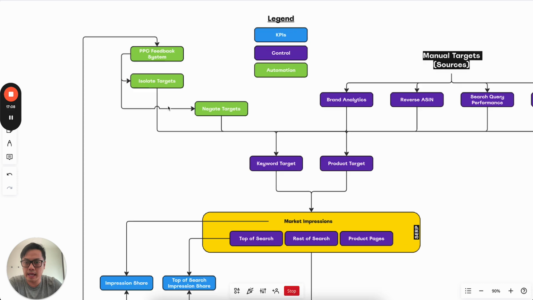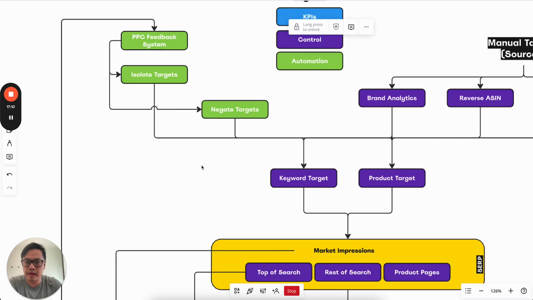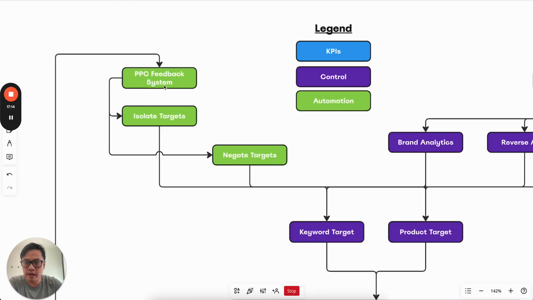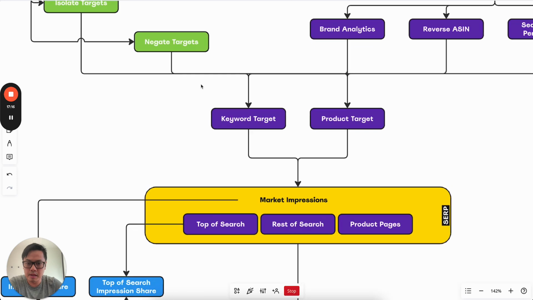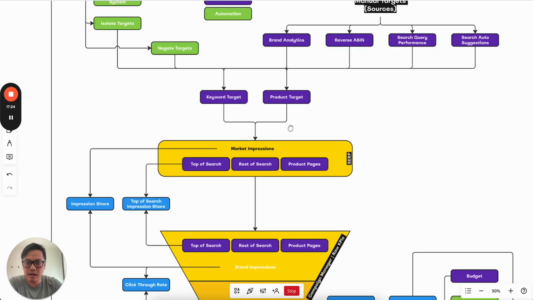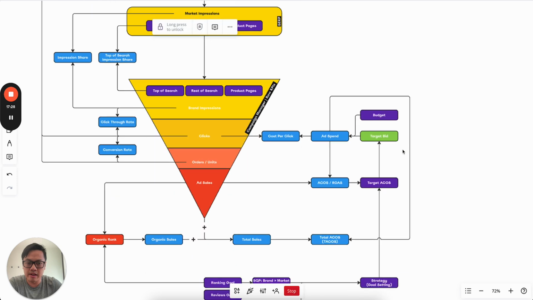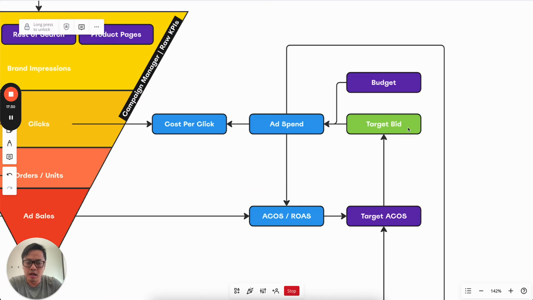But they also act as gathering all this data down here through your research. They will come back through the system and add them to your campaigns or ad groups at the keyword or product targeting level.